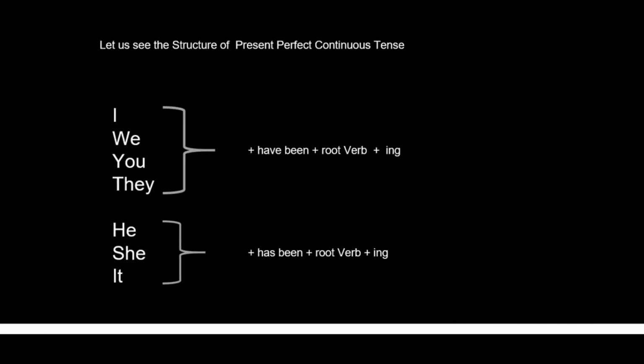Let's see the structure. For the subjects I, we, you, they, we have to add have been plus root verb plus ing. And for the third person singular, he, she, it, we have to add has been plus root verb plus ing.